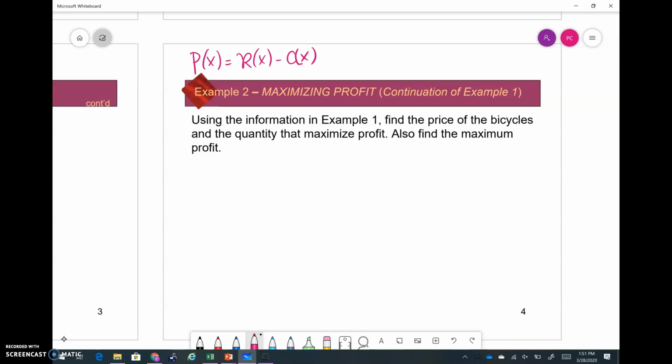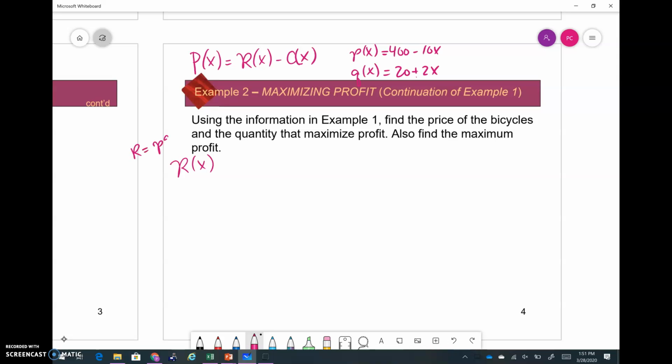The first thing we need to do is find our revenue and our cost. Recall from example 1 that the price function was 400 minus 10x, and the quantity function was 20 plus 2x. Now, using that information, let's start with our revenue function.